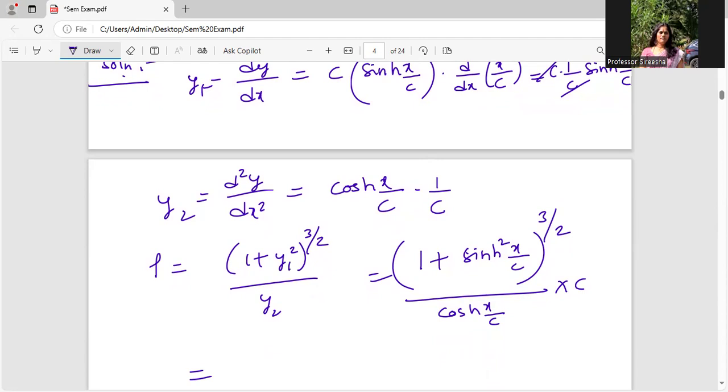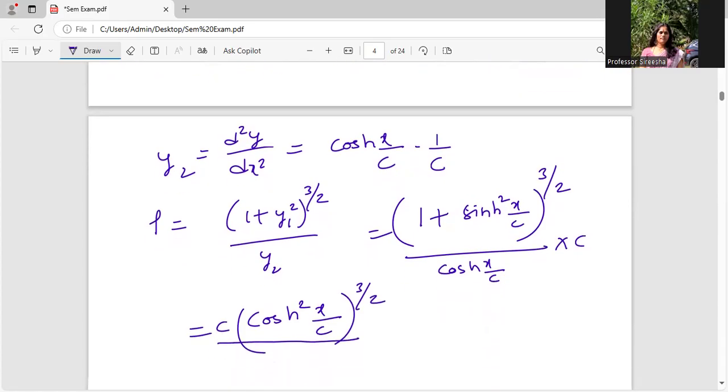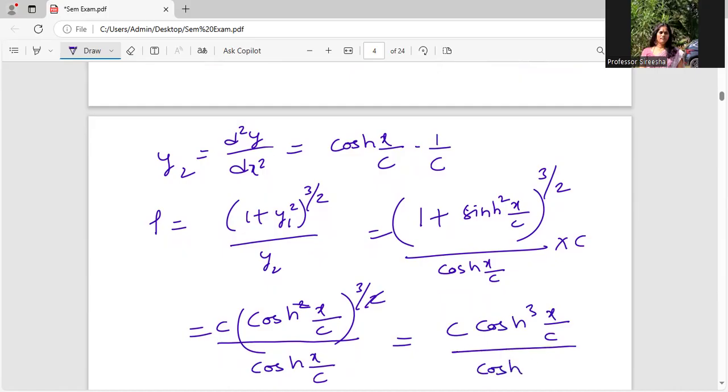This one would be cos h squared x by c whole power 3 by 2, and there is a c as well here which has come from the denominator, divided by cos h x by c. The square and this 2 go off. I'll be left with cos h cube x by c by cos h x by c.